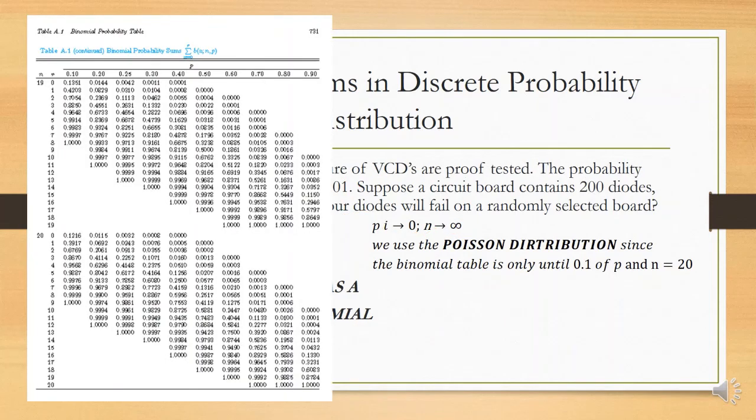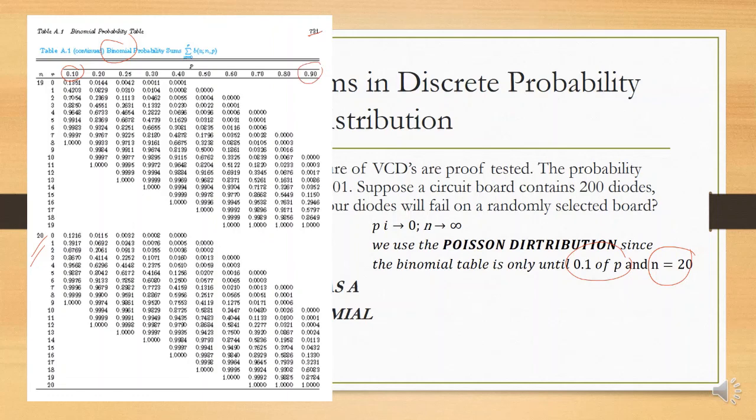If you look closely to the table ng binomial distribution, ang ating P ay until 0.1 lang at ang pinakamaraming N ng book ni Walpole ay 20. Ito na yung pinaka-last na page ng binomial. Okay? Tapos ang ating P ay 0.1 hanggang 0.9 lang siya.